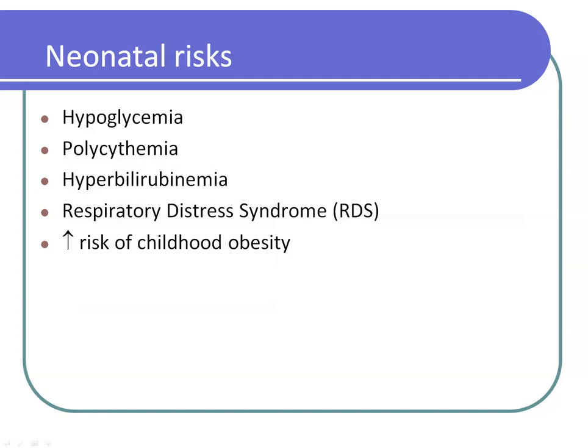Neonatal risks. I'm going to discuss neonatal risks in more detail in our last class, which is newborn complications. But for right now, there are some things that I want you to know about risks to the newborn. Hypoglycemia is a big one, very dangerous. I'm going to talk about that in a minute. Polycythemia.